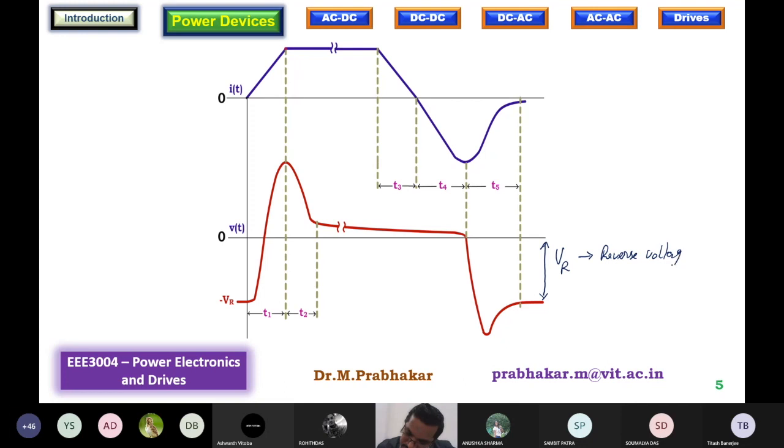Can you see this reverse voltage here? The same reverse voltage magnitude is this. Now, the peak current that flows in the reverse direction is called the reverse recovery current, IRR.